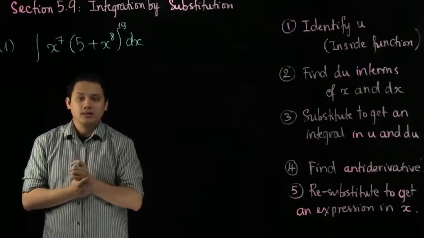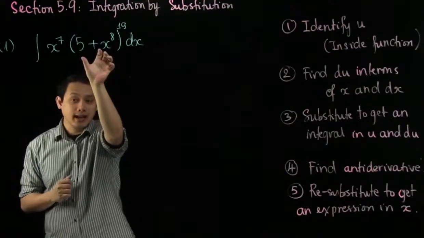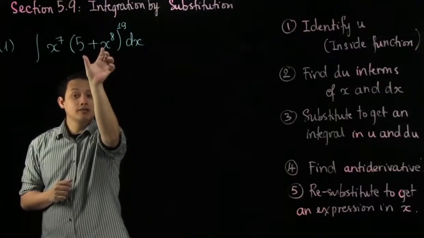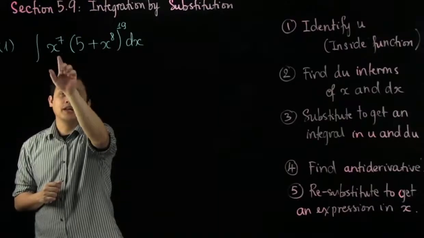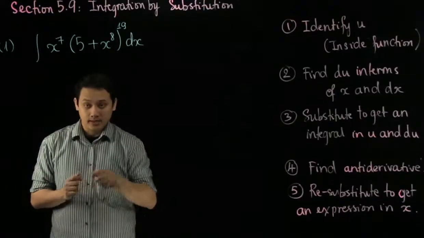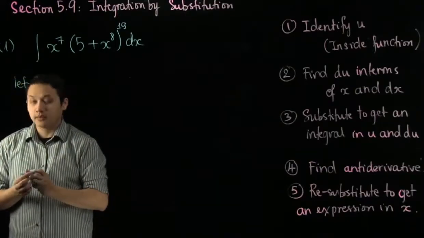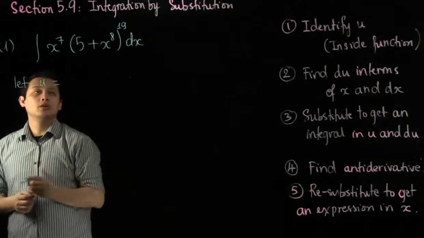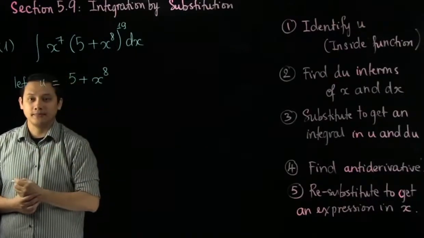Another way to look at this problem is that you see the expression 5 plus x to the 8. If you take the derivative of this expression, you're going to get something related to x to the 7. Let's do that. So I'm going to let u equal the inside function, 5 plus x to the power 8.